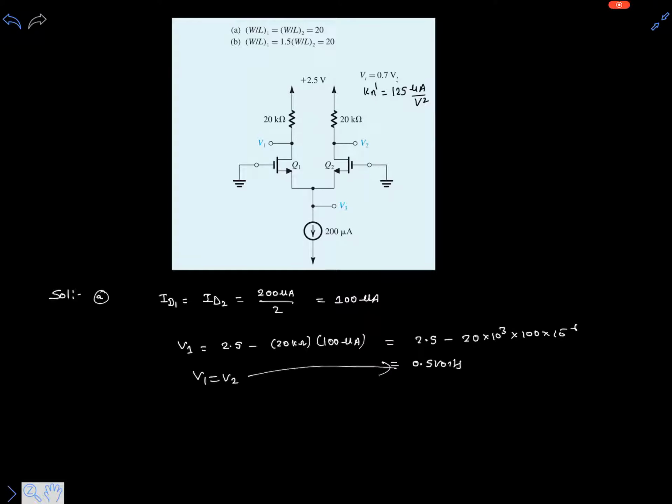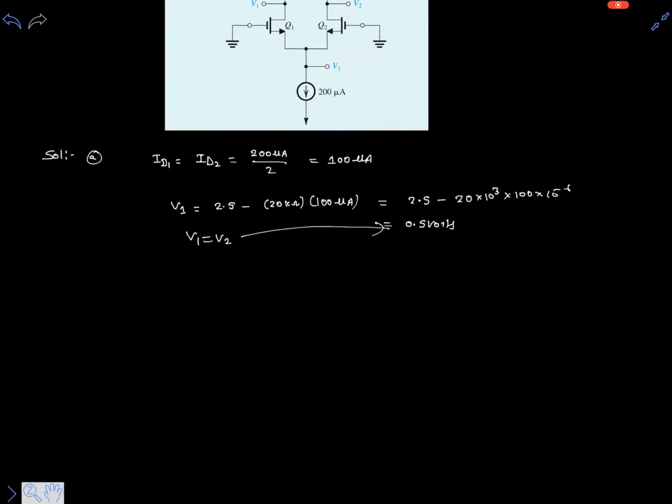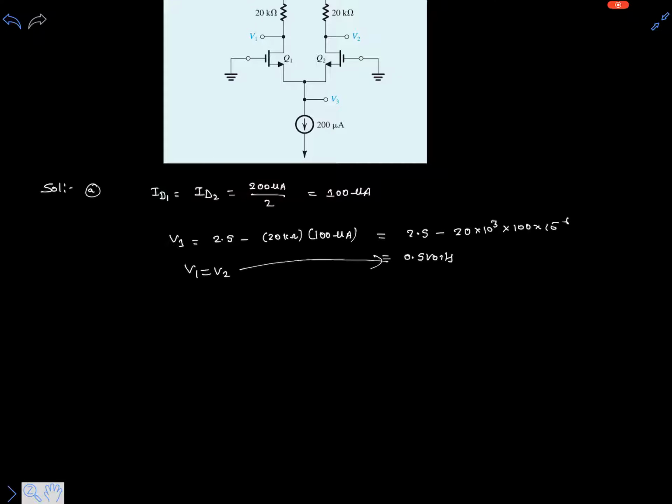So let's look at V3 now. Let's write a current equation for any one of the transistors. So half mu n Cox times W over L multiplied with, let's write for transistor 1, VGS1 minus VT whole square, is equal to 100 microamperes.